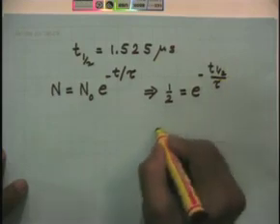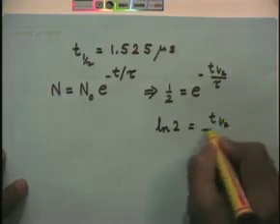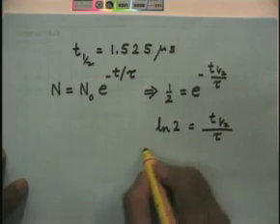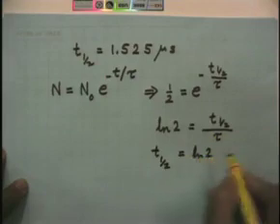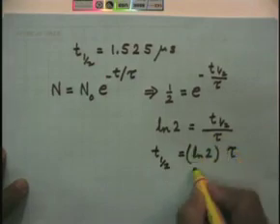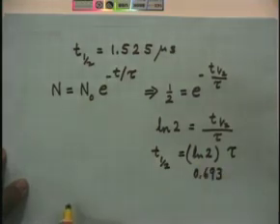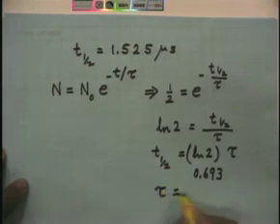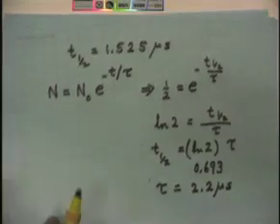If I take the natural logarithm, log 2 is equal to t half divided by tau. So, t half is equal to log 2 times tau, and log 2 to the base e is about 0.693. Therefore, tau comes out to be 1.525 divided by 0.693, about 2.2 microseconds. So, the mean lifetime of the mu-meson is 2.2 microseconds.